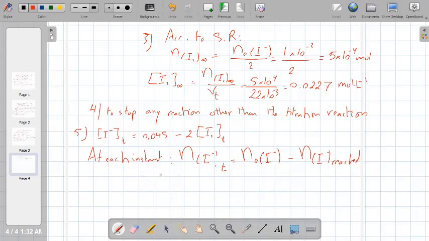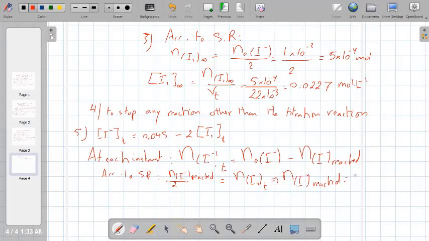According to the stoichiometry of the reaction, the number of moles of I minus reacted equals 2 times the number of moles of I2 formed at instant t.